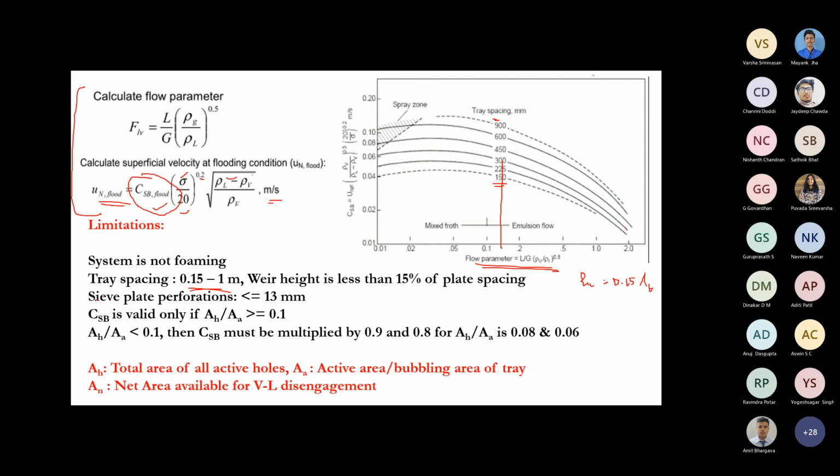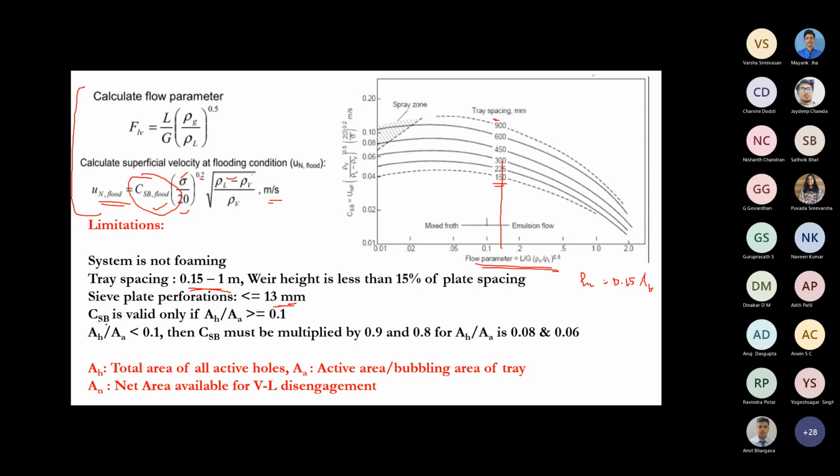If it is a sieve plate, then the perforations should be less than 13 mm. Normally we can go for 1 mm to 25 mm, but in most cases we will go for 4 to 6 mm. So you can fix 4 to 6 mm. The limitation here is that it should be less than 13 mm.